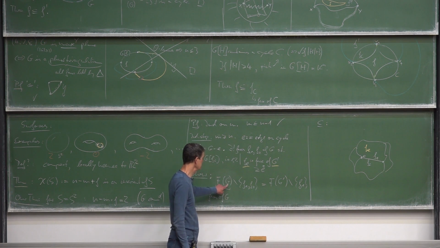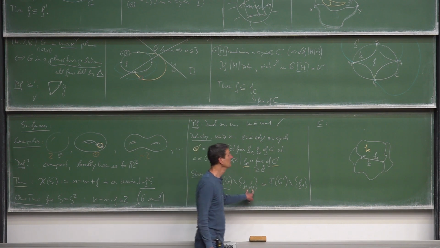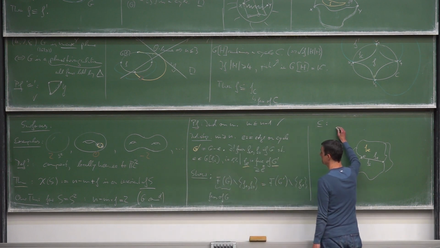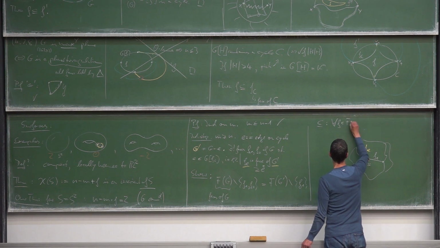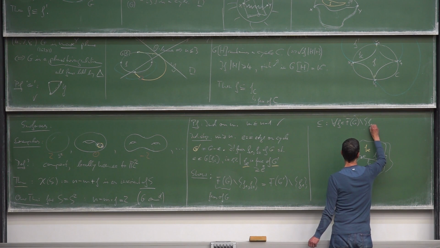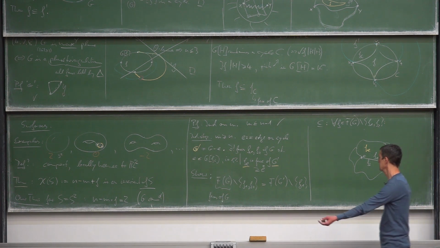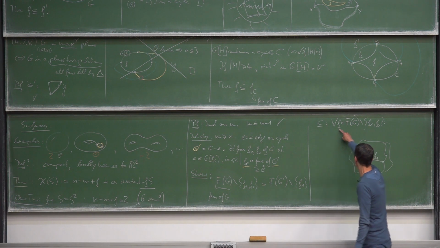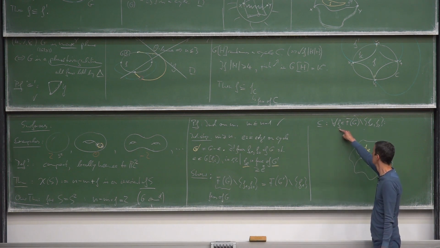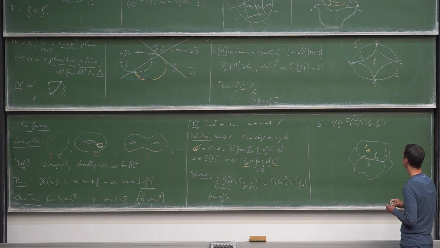If we take a face of G, but not one of those two, we know that it's a set of points whose boundary lies entirely in G prime.